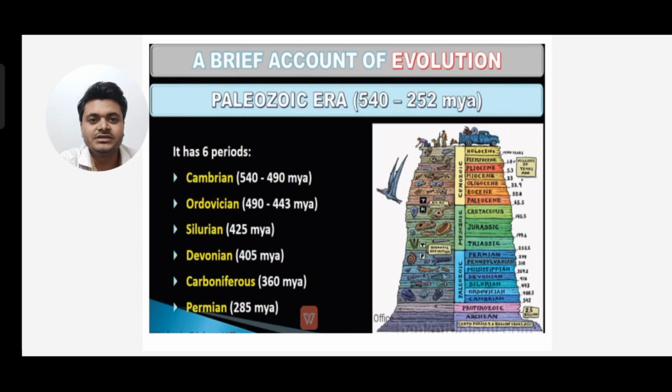Cambrian originated at 540 to 490 million years ago, and Ordovician from 490 to 443 million years ago, Silurian, that is 425 million years ago, Devonian, that is 405 million years ago, Carboniferous, that is 360 million years ago, and Permian, that is 285 million years ago.